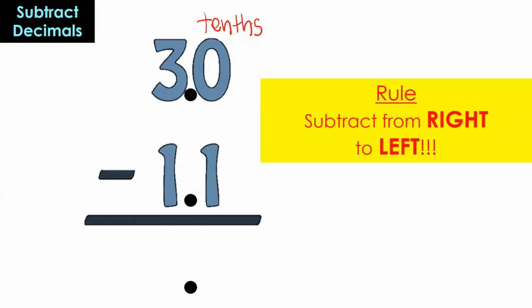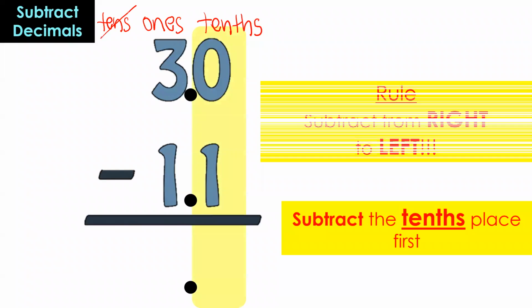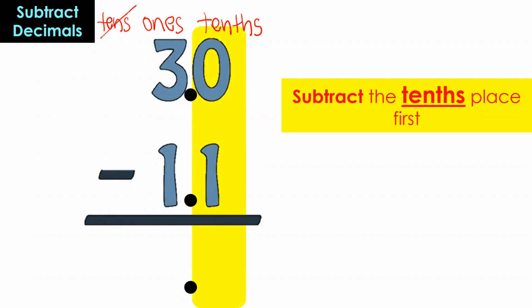On the left of your tenths will be your ones place, followed by the tens place, which has nothing over here. So it's okay, we don't need it. You can just cancel it away as there are no digits inside. So starting from right to left, let's subtract the tenths place first.